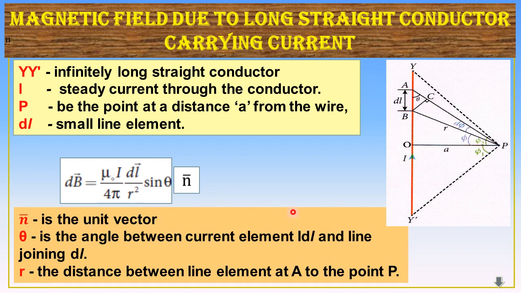Here theta is the angle between the current element I dL and the line joining dL to the point. R is the distance between the line element A and the point P.